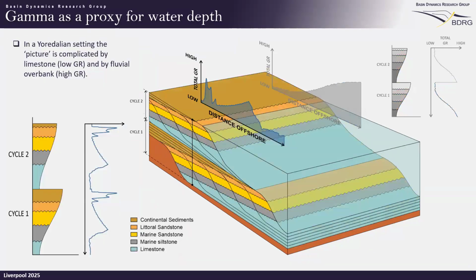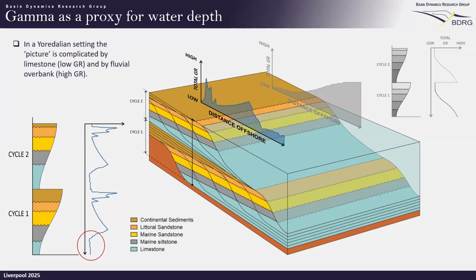Okay, it's a little bit more complex than that because we're dealing with a Yoredalian type succession, which has these detrital limestones within it, and limestones generally give quite a low gamma trace, where we might otherwise expect a higher gamma trace in the offshore. So that's something to consider.